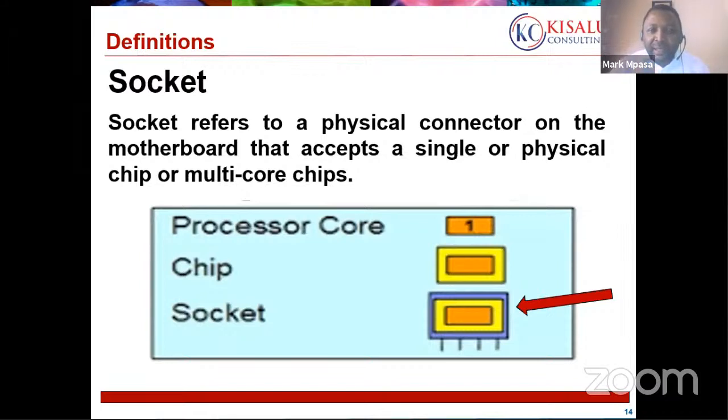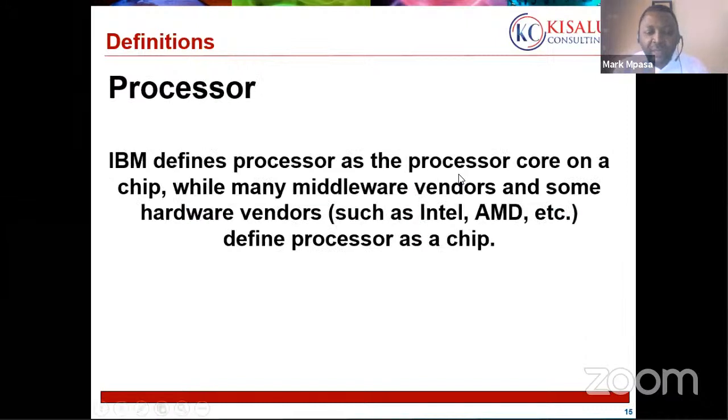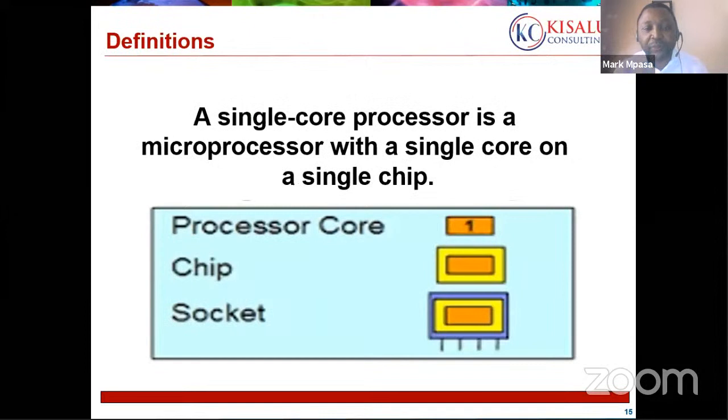Then IBM defines a processor as that core that is on the chip. Unlike other middleware, each of which has a definite way of explaining what it understands as a processor, for IBM the processor will be that core that is on the chip.